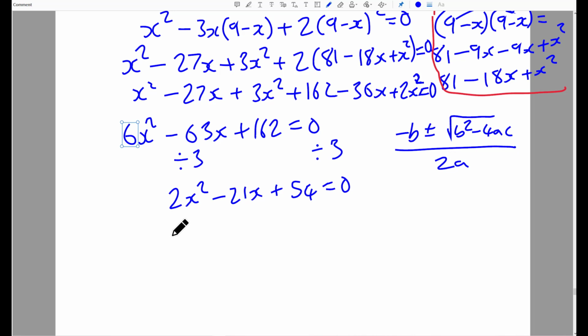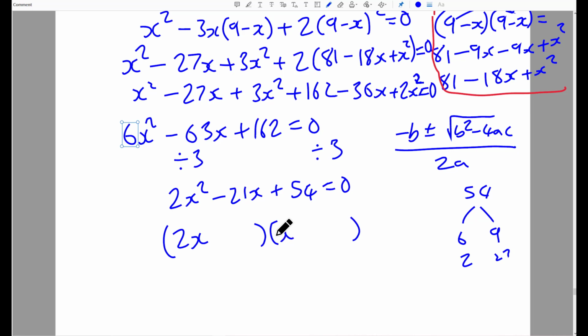Yeah, let's try. Anyway, we're going to get 2x, and x, 54, and we've got to get minus 21. So it's got to have two negative numbers. Oh, wait up. So factors of 54. 6, 9, 2, 27.